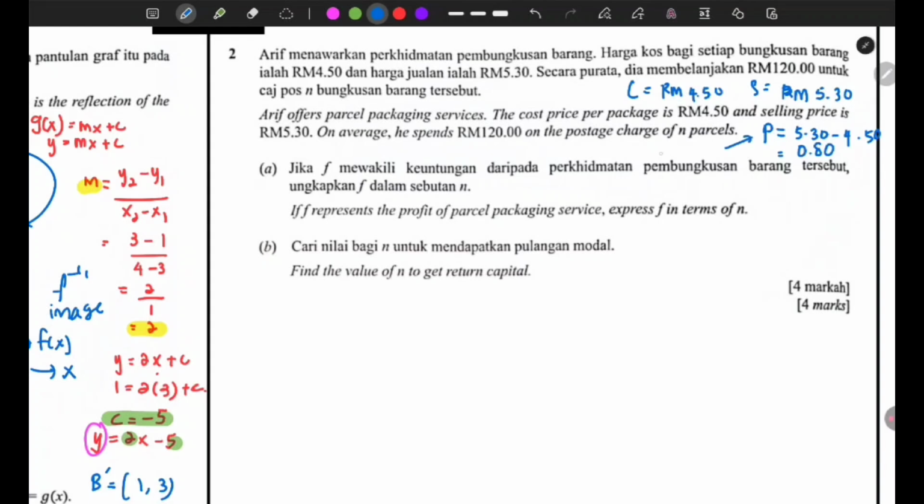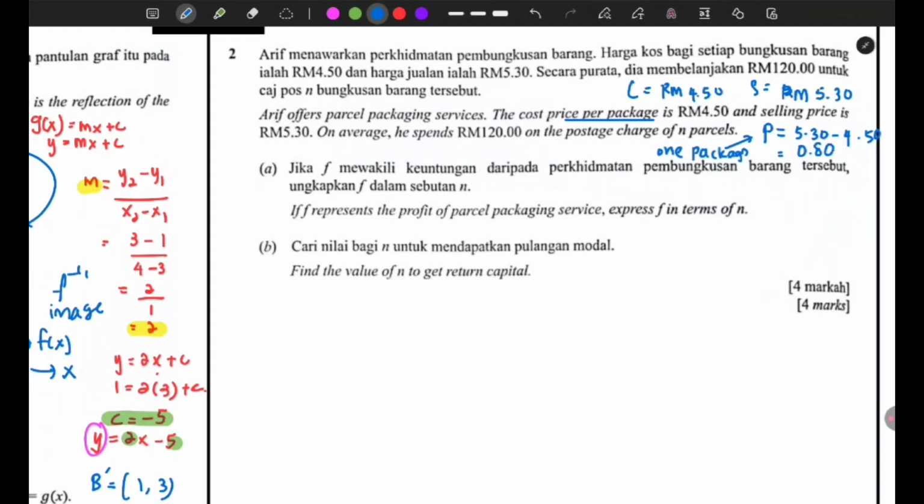Profit for one package, because they say cost price and the selling price per package. So the profit, because it's like this, the cost that you take to prepare a product is 10 ringgit. Let's just say I give you example, and you sell to the customer 20 ringgit.